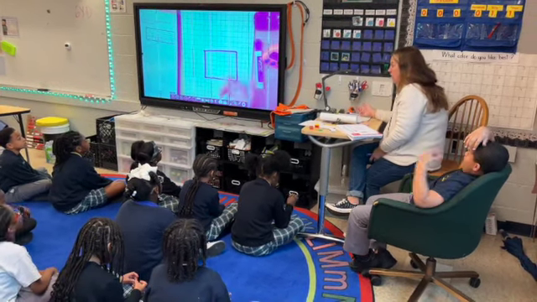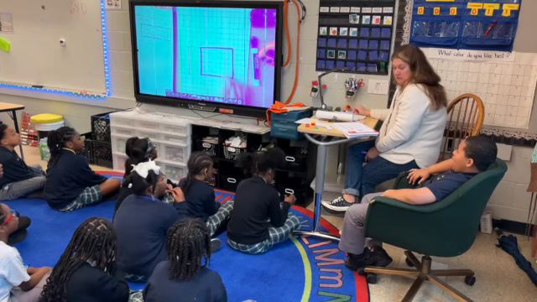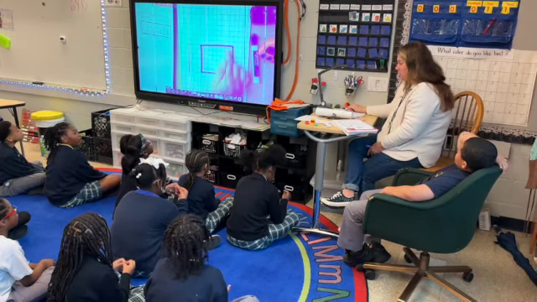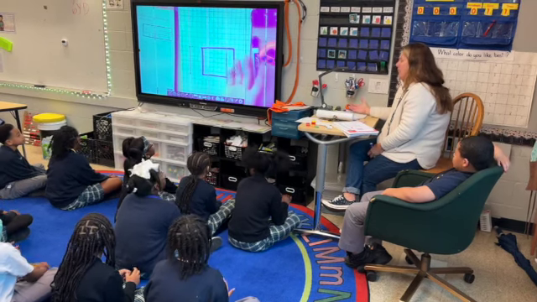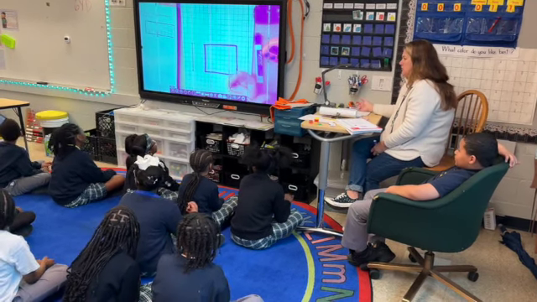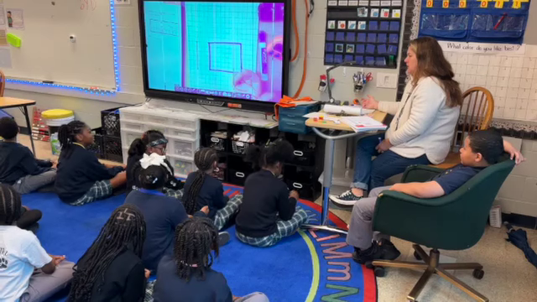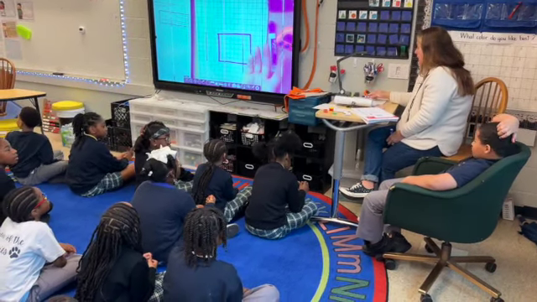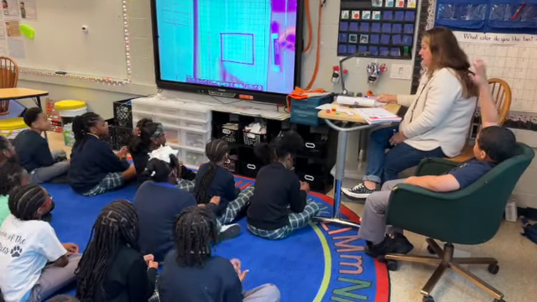If we don't know how to do that, can we just count the squares? Yes. But we're big third graders, so do we need to count every single square? No. Why not? Rami, why is that a bad idea? Because if you count the squares, it's going to take you too long, and you're gonna end up making a mistake, right? This is a lot of squares. If I lose count somewhere, I'm gonna end up making a mistake.